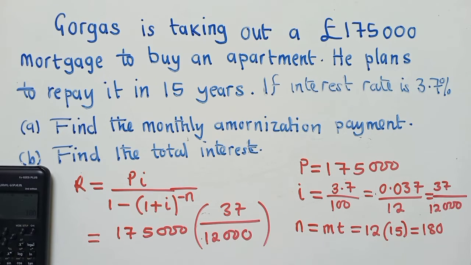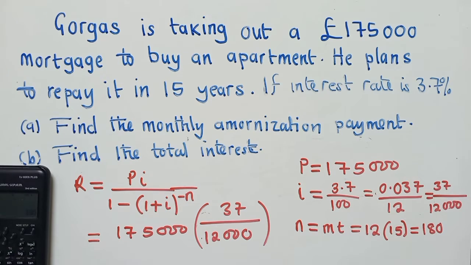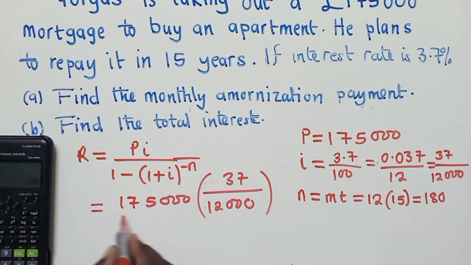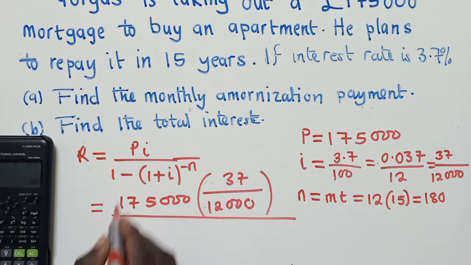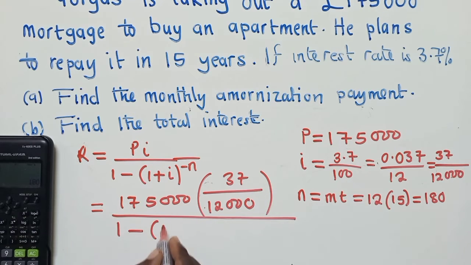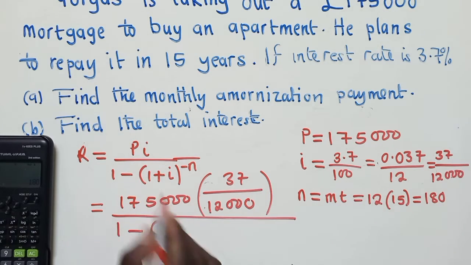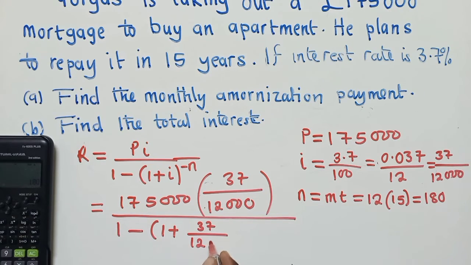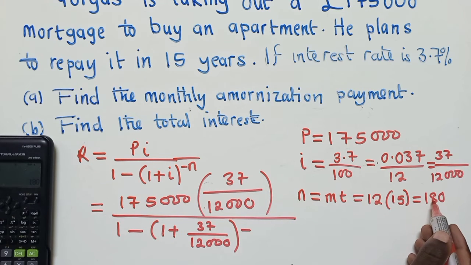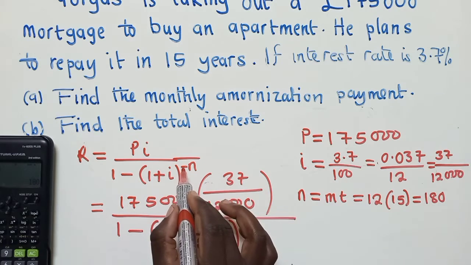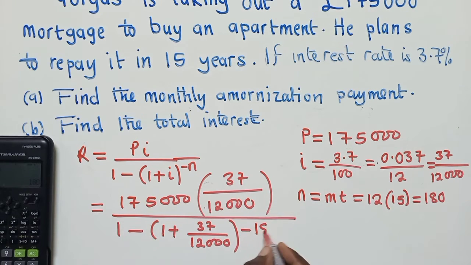Then we say everything over 1 minus (1 plus 37 over 12,000) to the power, our n is 180, so we put the negative here, so it will be negative 180.